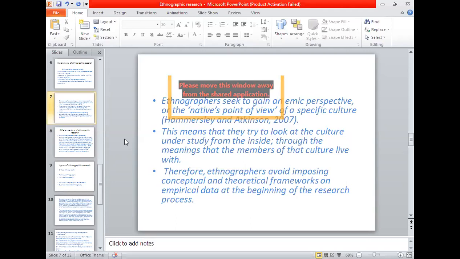But what happens in qualitative research, especially in ethnography and almost all types of qualitative research, is that ethnographers avoid imposing conceptual and theoretical frameworks on empirical data, the data which they have gathered on the basis of their observations and experiences. At the beginning of the research process, they do not apply any kind of theoretical framework.